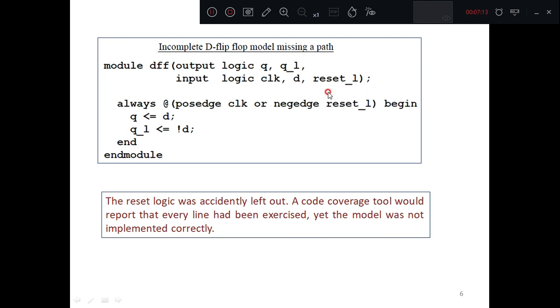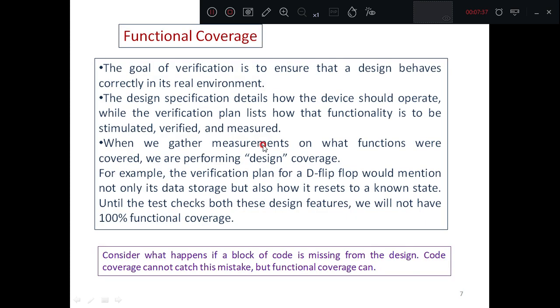But actually this will not have been exercised, because there is an OR functionality or keyword here. So either this has to be done or this has to be done. Code coverage gives that all lines have been executed. Therefore we say it is an incomplete D flip-flop model missing a path.